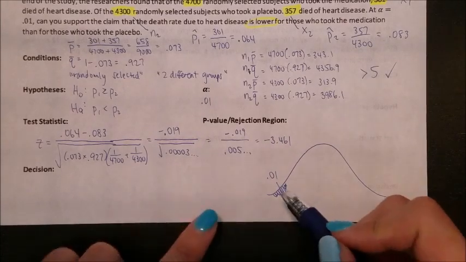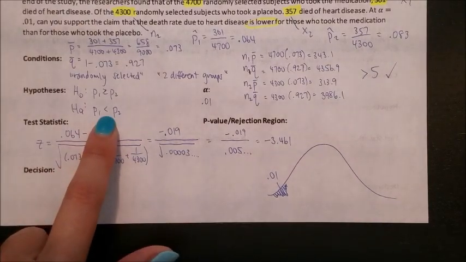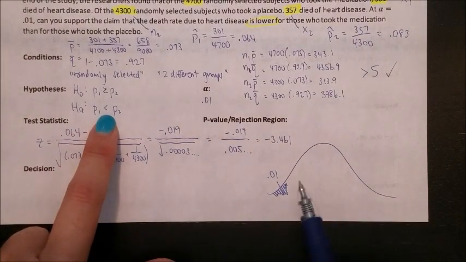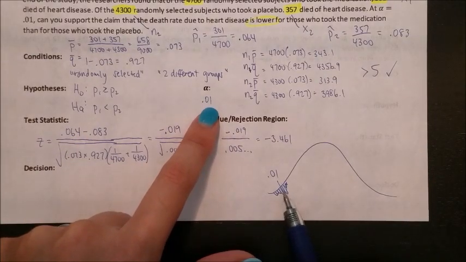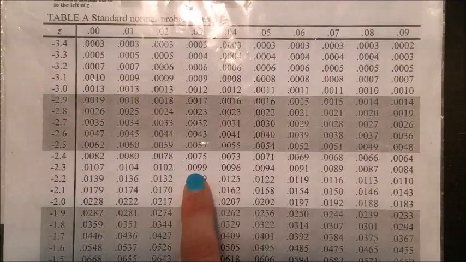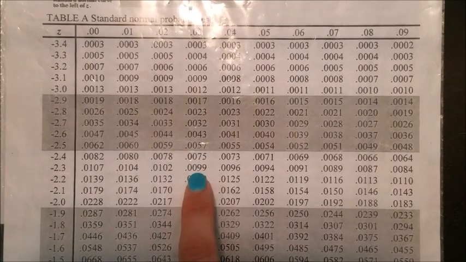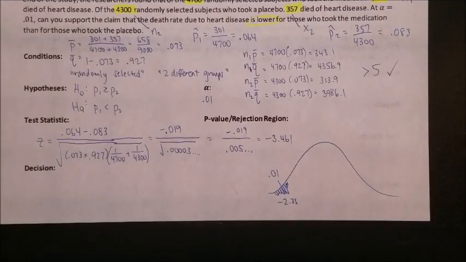So looking at the rejection region, I have a left-sided test because HA was less than, so I'm shading to the left, and they told me alpha was 0.01, so this is the only shaded area I'm worrying about, so that's 0.01, same as alpha. So looking at the pink chart, 0.01 is closest to this one right here, which is negative 2.33.